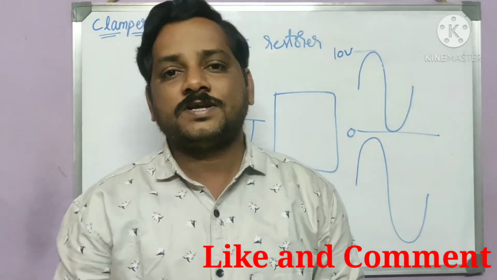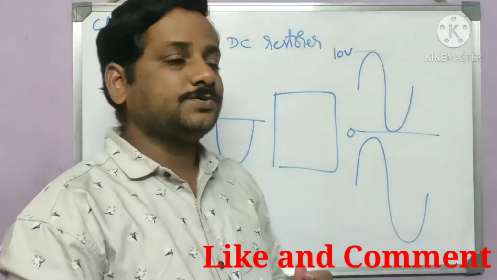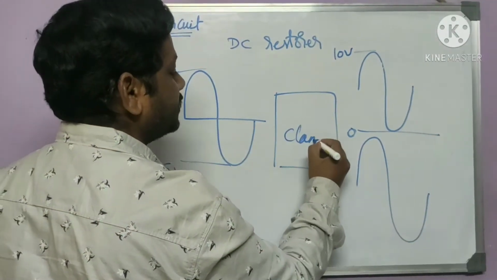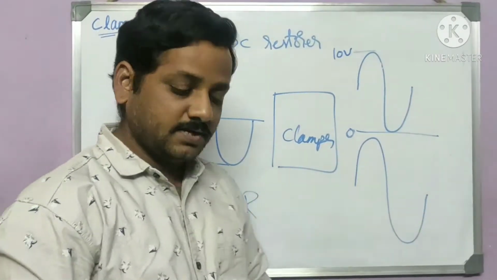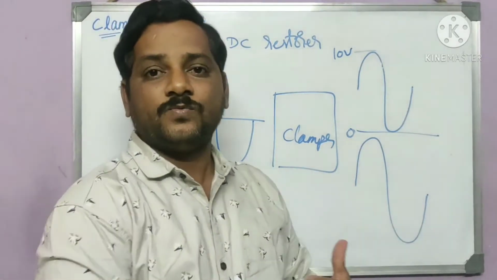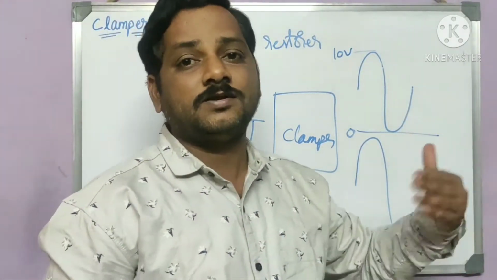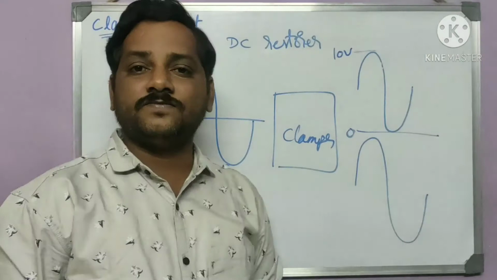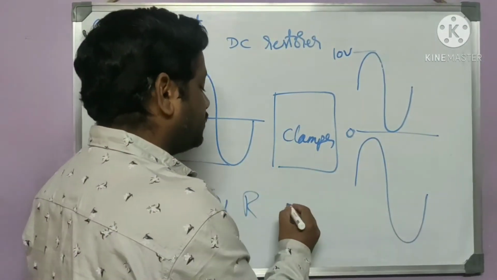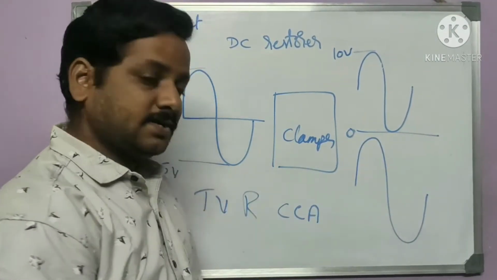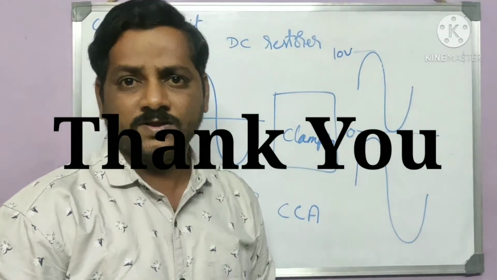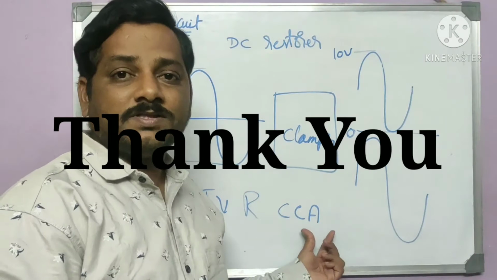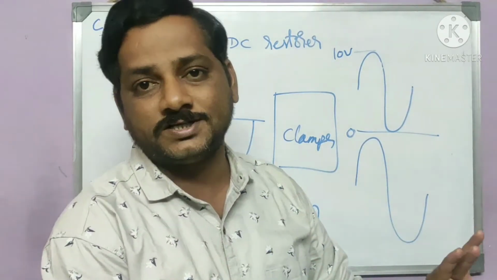One example we can consider here. These clamper circuits are used especially in a television receiver, TV receiver. In a TV receiver we get the DC component signal also. But in a TV receiver we have a capacitor coupled amplifier. When it receives the signal, the capacitor will block the DC component.